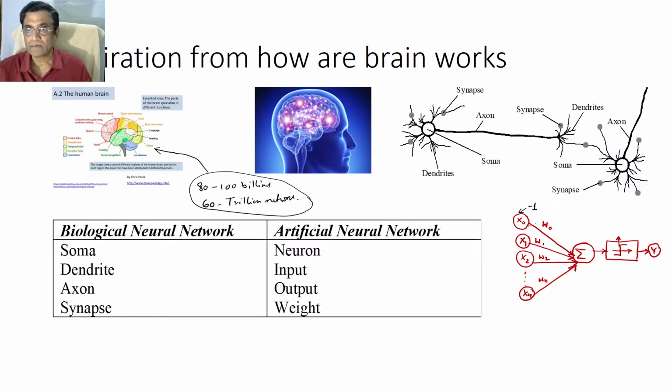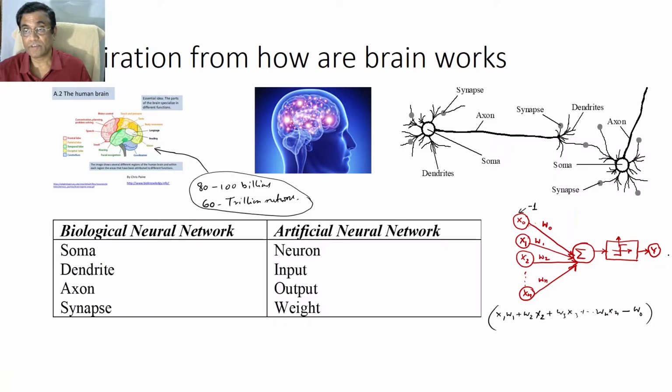So here we compute w1 x1 plus w2 x2 plus w3 x3 plus wn xn minus w0. This is the computation going on here, and then that is fed to a transfer function, giving you the output.